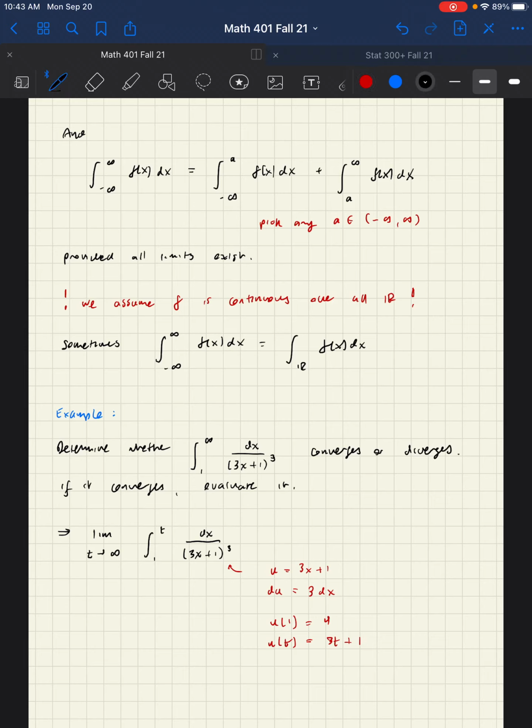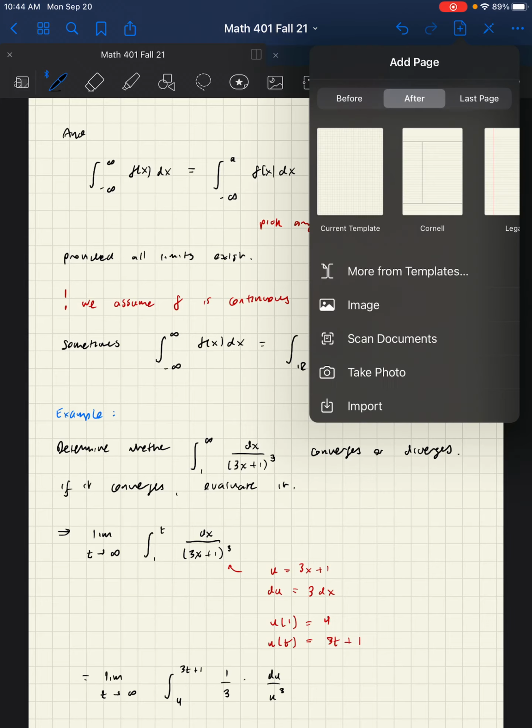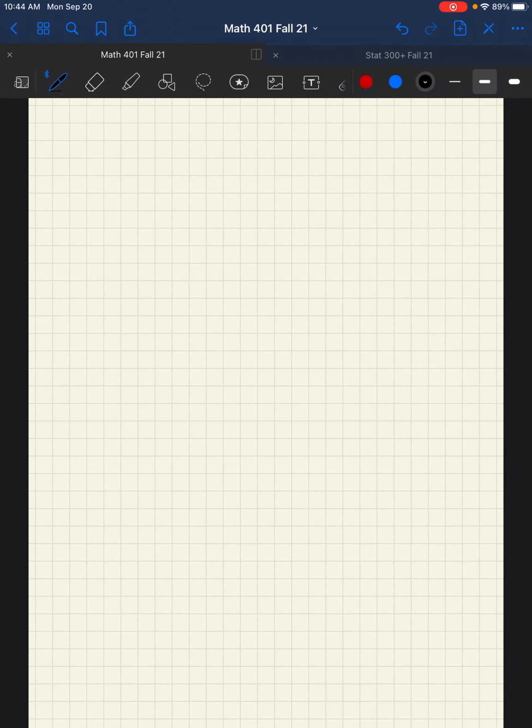But because it is a continuous transformation of x, we can just go ahead and continue with the substitution. So this integral becomes the limit as t approaches infinity of the integral from 4 to 3t plus 1 of 1/3 times du over u cubed.